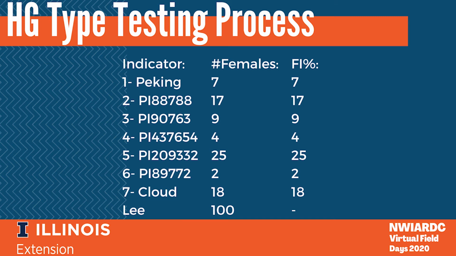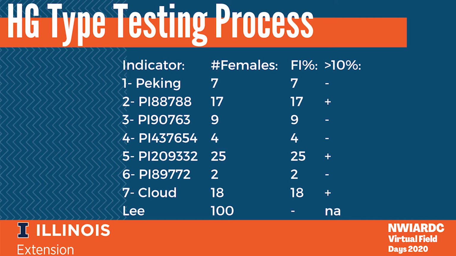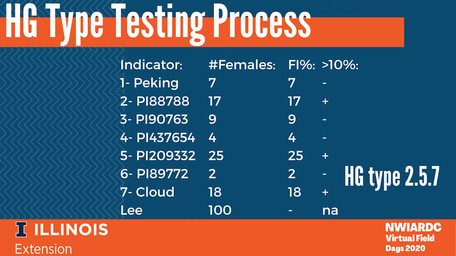Comparing that to our 10%, we would have a minus for Peking, a plus for PI 88788 at 17%, a minus for number 3, a minus for number 4, a plus for number 5, a minus for number 6, and a plus for number 7. So if we have 2, 5, and 7, our HG type is 257, meaning that this SCN population can overcome the resistance from indicators 2, 5, and 7.